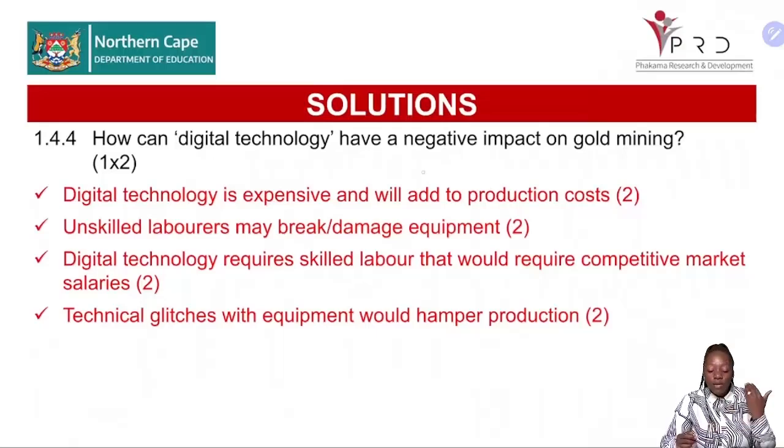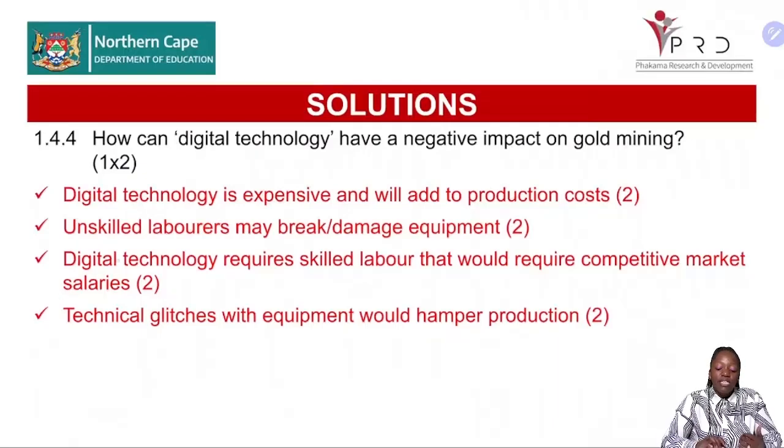Remember, we have it in mind that the technology is more advanced, but now how can the very same technology become a negative impact? The digital technology is expensive, so not each and every company will be able to afford it. And even those who can afford it, it will be adding cost, or it will be taking from their profit.